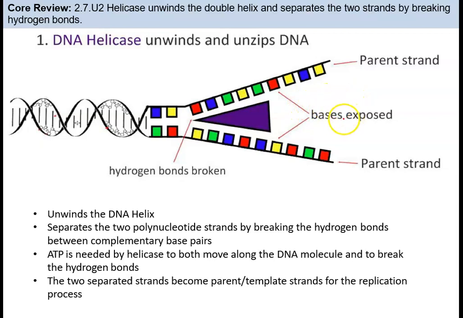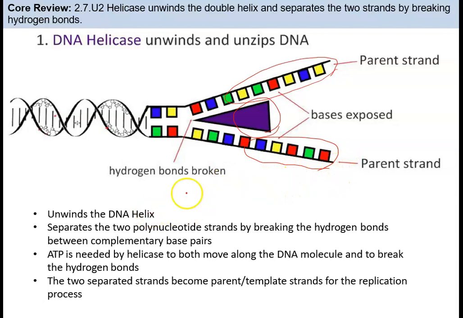So it depends on the direction of the separation, the direction of the replication. After separation of the strands, the helicase starts to move, and here, as you can see, the helicase has separated the two strands, and these are the original DNA or parent strands.